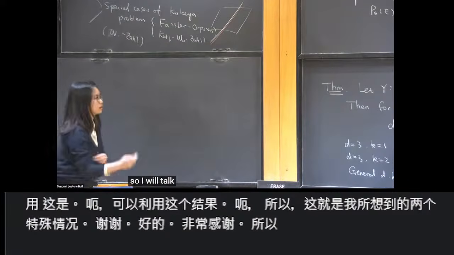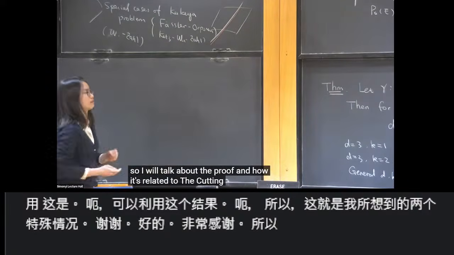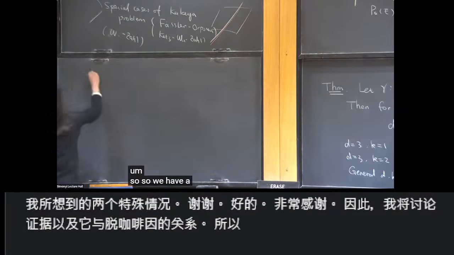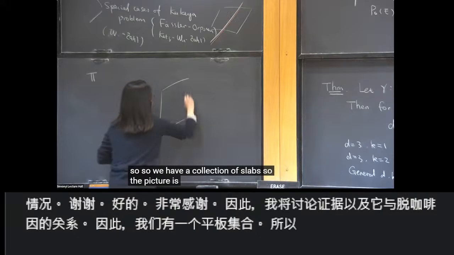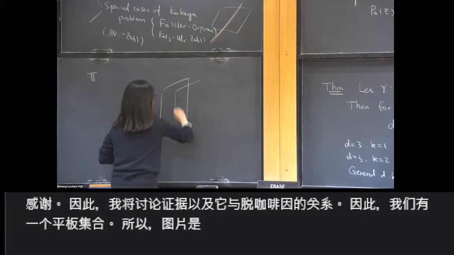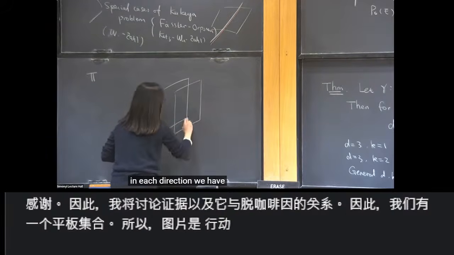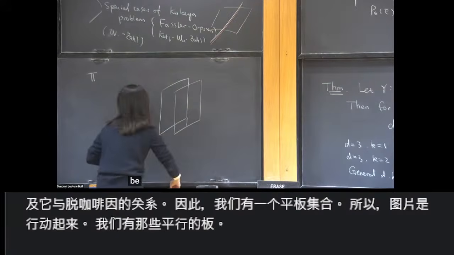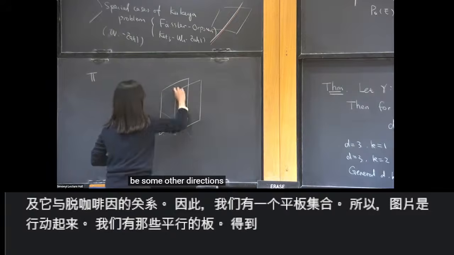So I will talk about the proof and how it's related to decoupling. We have a collection of slabs. The picture is, in each direction we have those parallel slabs, and then in some other directions.